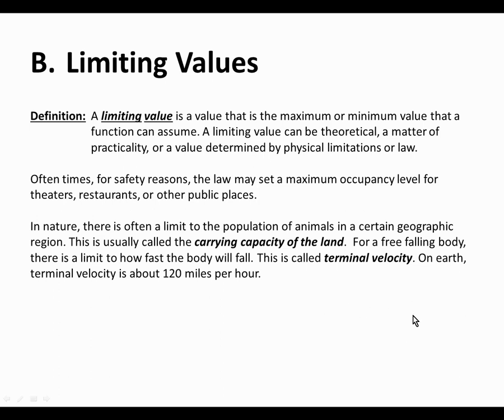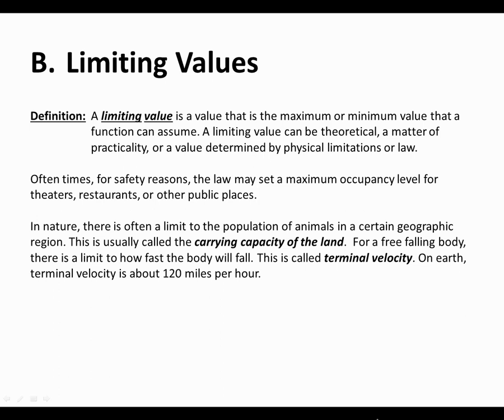On Earth, at sea level, terminal velocity is about 120 miles per hour. So if you're free-falling, a basketball, an anvil, or whatever, about 120 miles per hour is about as fast as it's going to go. Air resistance is what keeps it from going any faster. For ecology, it's the amount of food available on the land.